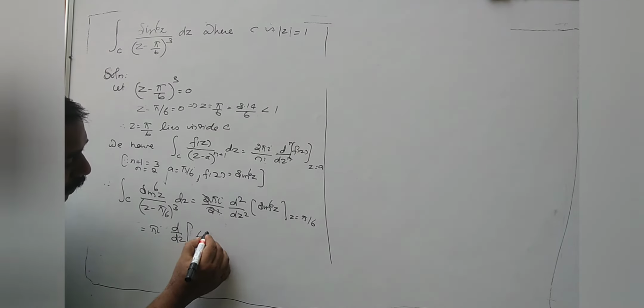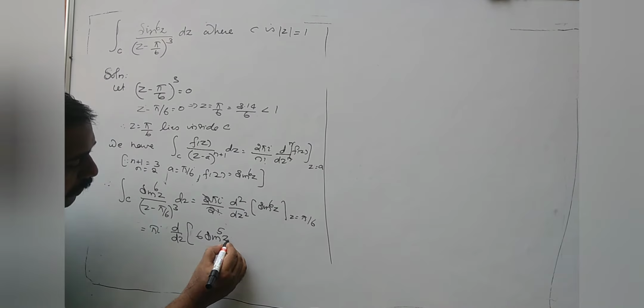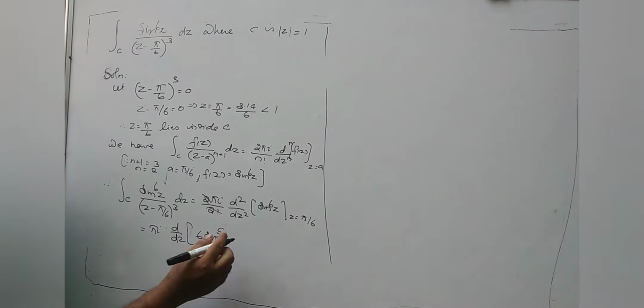That is 6 sin raised to 5 z into the differentiation of sin, cos z.